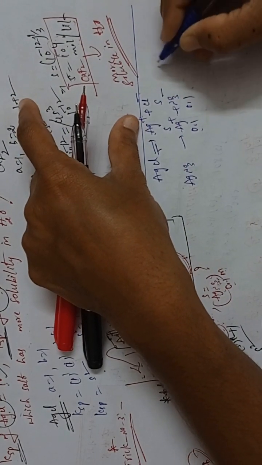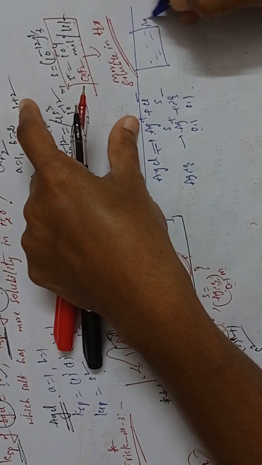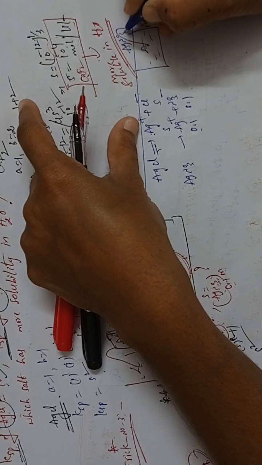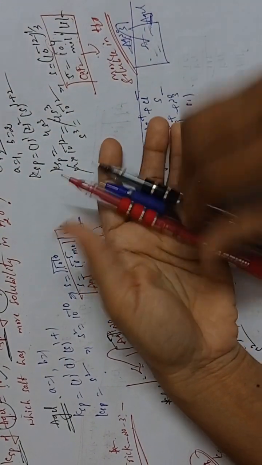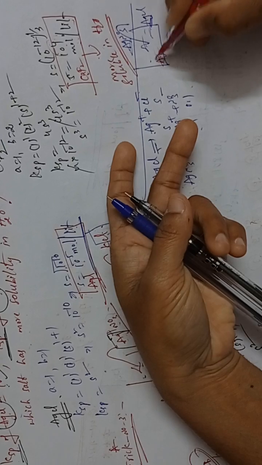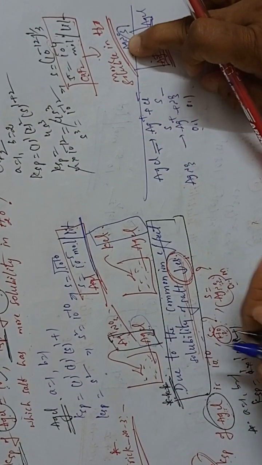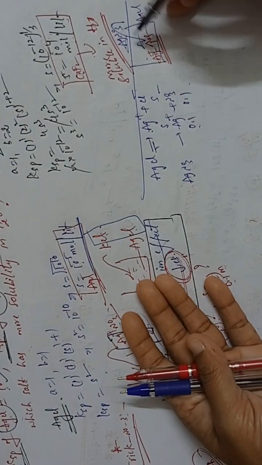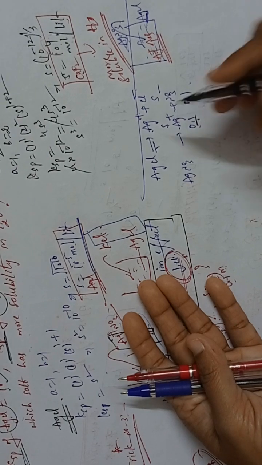Are you following? Suppose this is silver nitrate, this is the silver chloride. When we are adding silver nitrate, what happened? In the solution, Ag plus ion concentration increases. Here Ag, here Ag. Whenever silver nitrate is added, its solubility is 0.1 given.